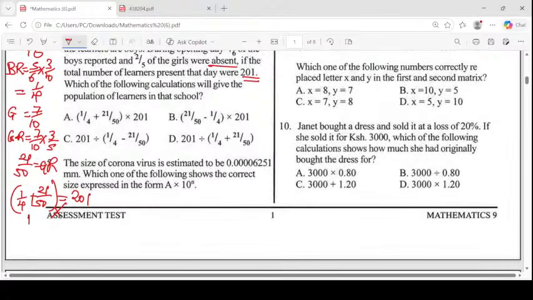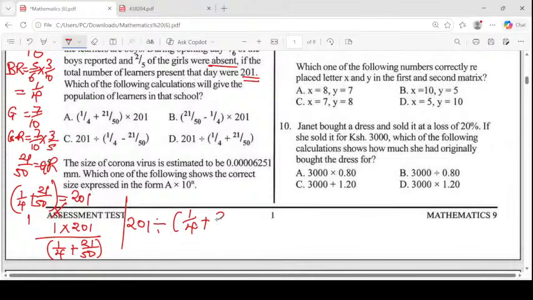You cross multiply. This will be 1 multiplied by 201 divided by 1/4 plus 21/50. So this means 1 times 201, so this will be 201. Divide this now by a quarter plus 21/50.